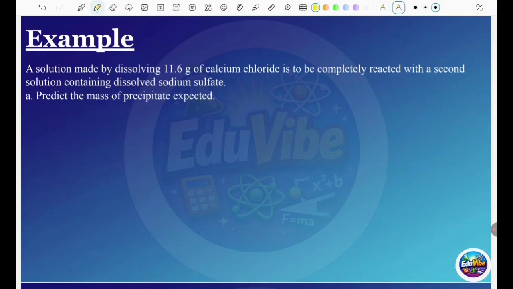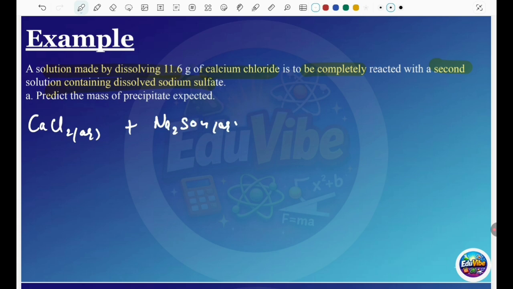We have a solution made by dissolving 11.6 grams of calcium chloride, to be completely reacted with a second solution containing dissolved sodium sulfate. So we have CaCl2 aqueous with Na2SO4, sodium sulfate aqueous, and we get NaCl aqueous, a double displacement, and CaSO4 solid.